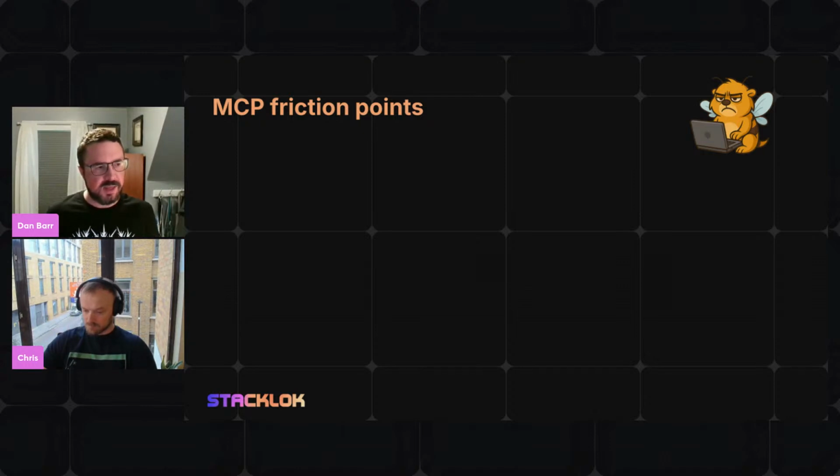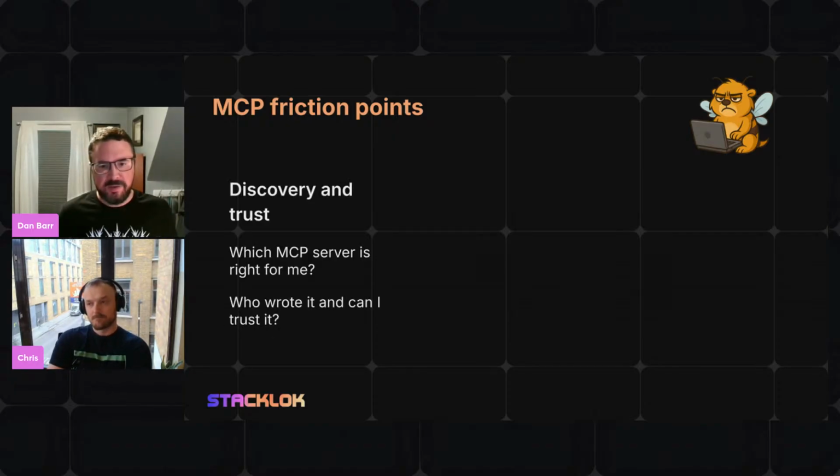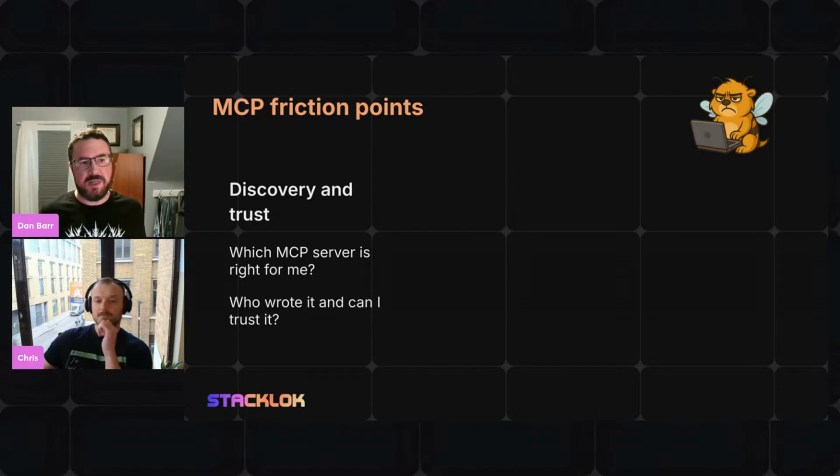But we've seen some friction points around MCP. The first one is discovery and trust. So MCP as a protocol is only about 6 months old. It was released in November of 2024 is when the first spec came out from Anthropic. The popularity exploded, right? There's already thousands of MCP servers out there in the community, but the quality is really uneven, and finding the right MCP for the right job can be really difficult.